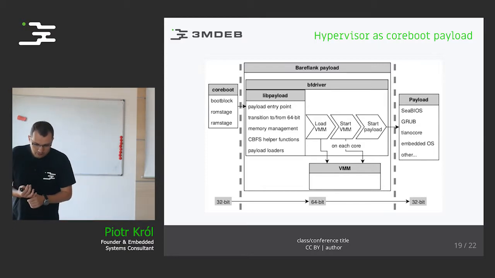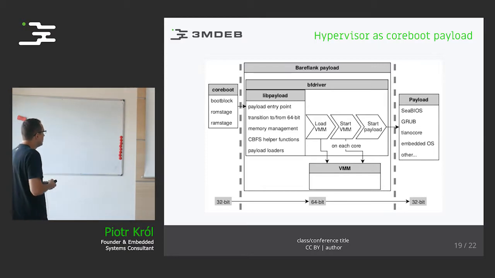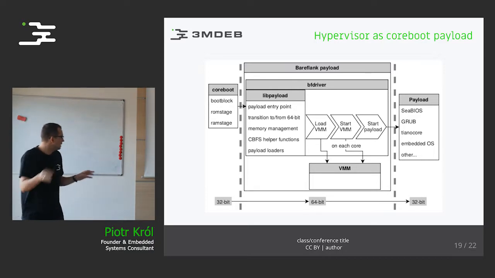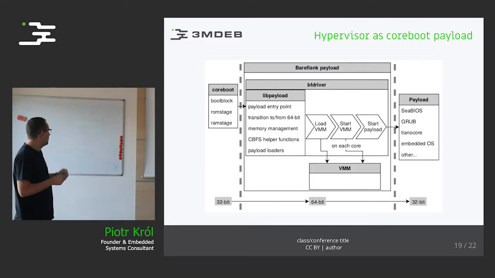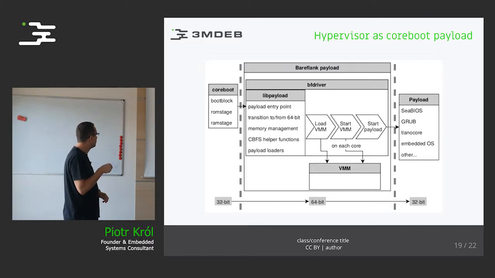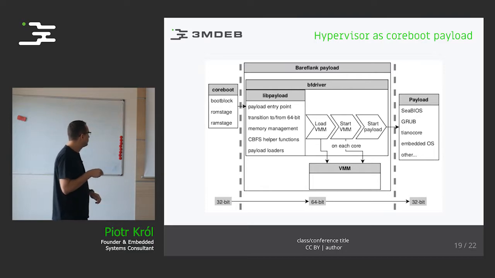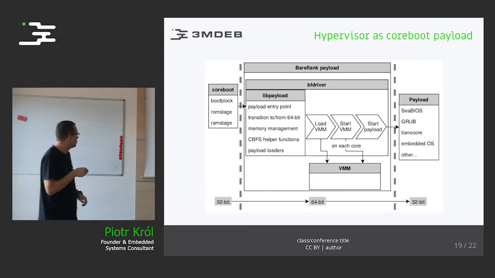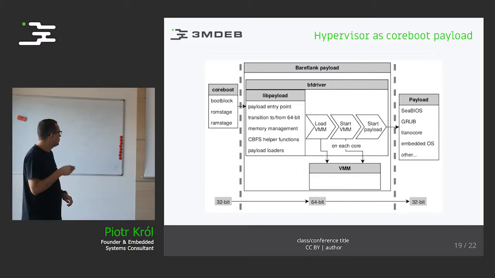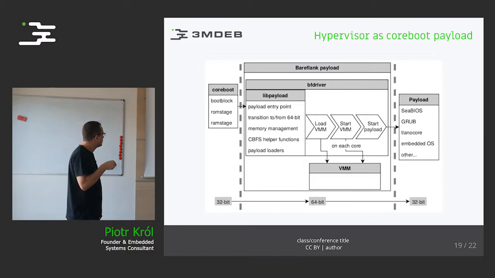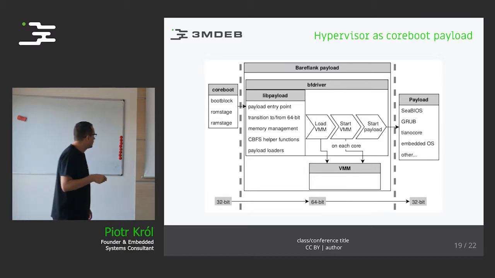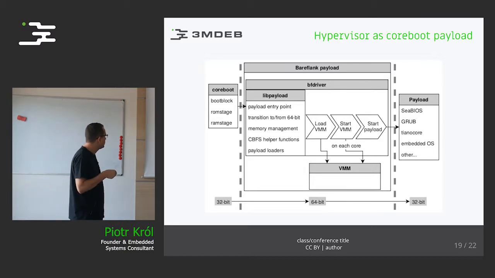One of the last graphics that I have here explains this game of switching from 32-bit to 64-bit and back to 32-bit. When we jump after the RAM stage from coreboot to the Bareflank payload, which is created from two components that I mentioned, a BF driver and VMM, the BF driver is linked with lib payload, which gives us the ability of transitioning to 64-bit, which we need here.